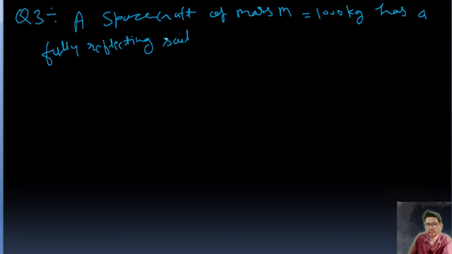That sail reflects the radiation completely.